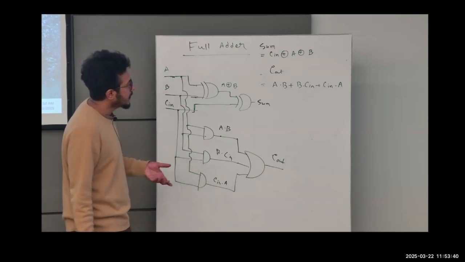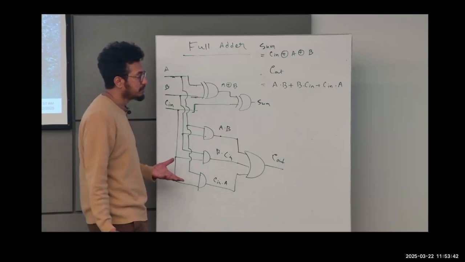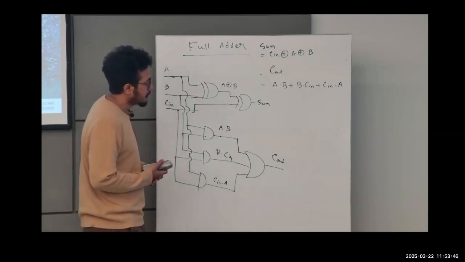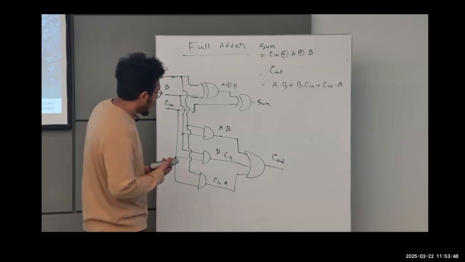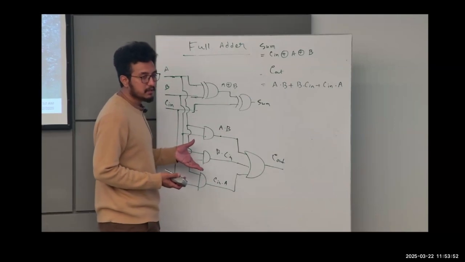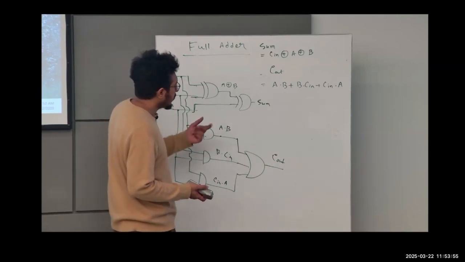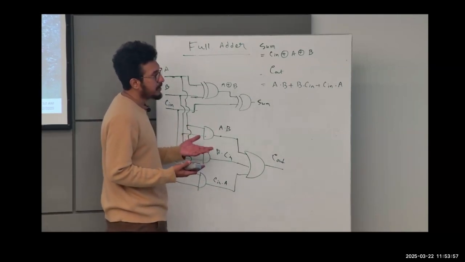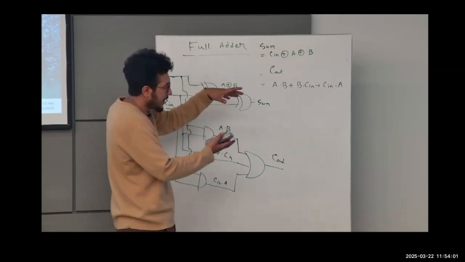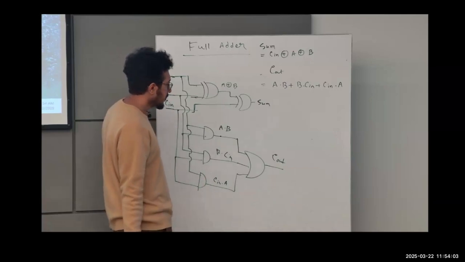So you will know why we have this enormous number of transistors for computational purposes. Because as you know, this is just for 1 bit, and just to add maybe a 4-bit number, we will need 4 of these cascaded with each other.